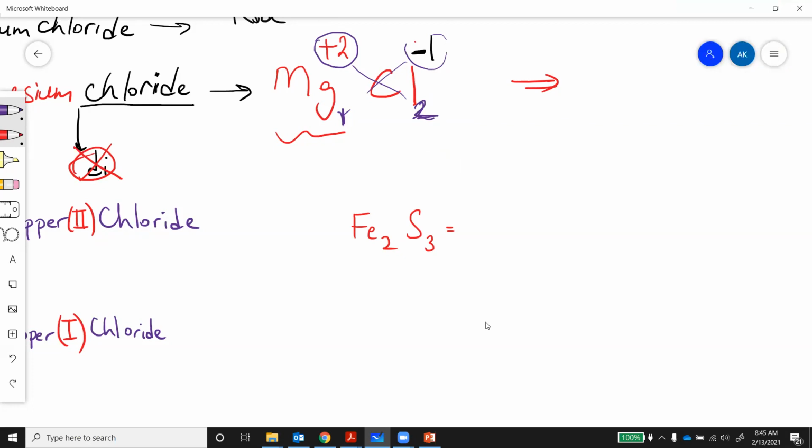Iron sulfide. Iron 3 sulfide. So far, I know that this is iron, and the second one is sulfide. Sulfur becomes sulfide, right?